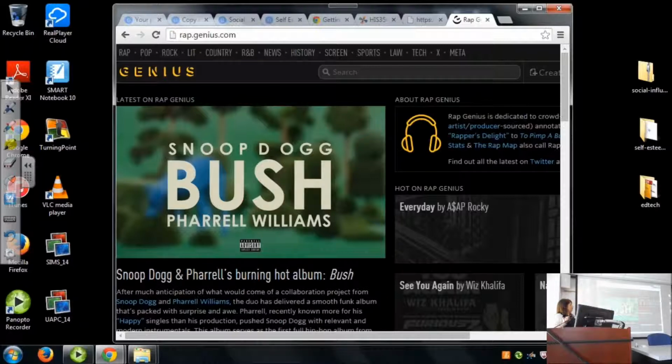So when you're talking about something, you're actually annotating the music, right? You'd listen to the lyrics and you'd be saying, this is what I think it means.